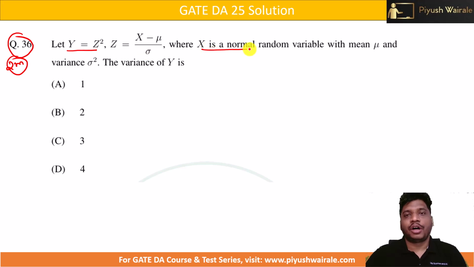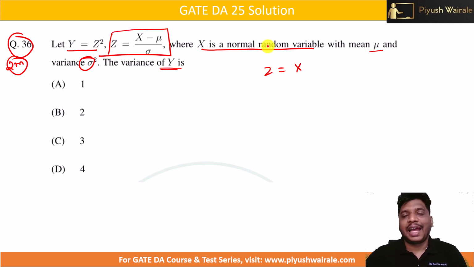Where x is a normal random variable with mean mu and variance sigma square, and we need to find the variance of y, right? Now tell me, what is this? We have discussed this in our course.